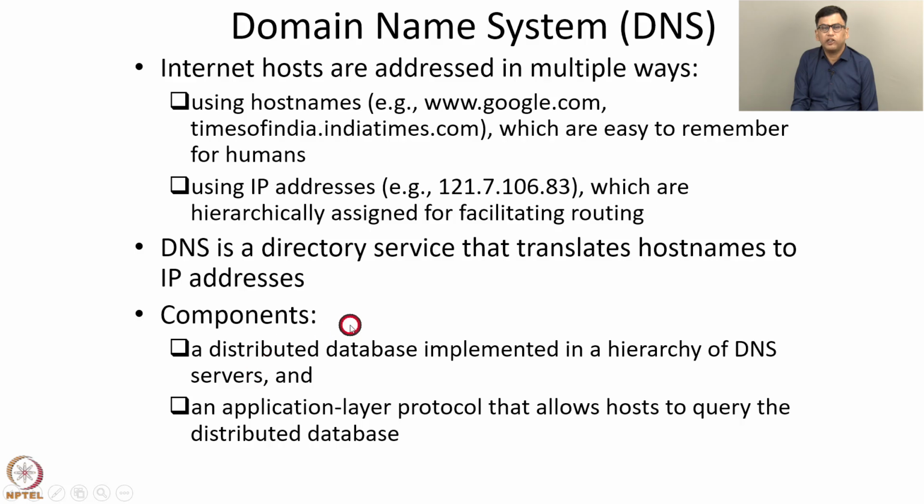But this database has to be contacted, and the IP address corresponding to a host name has to be obtained. So the other component of DNS is an application layer protocol that allows hosts to query one of the servers in this DNS database and obtain the IP address corresponding to a certain host name.